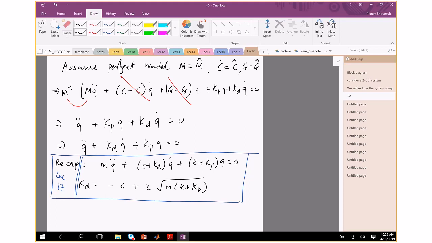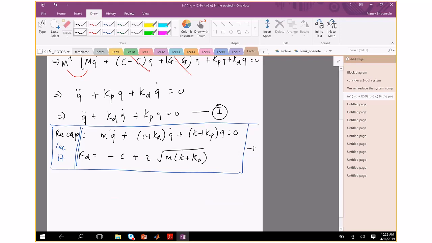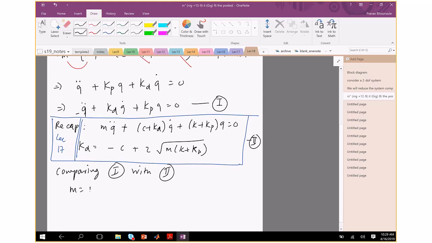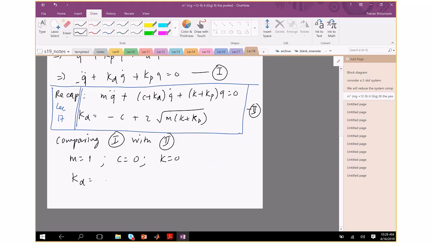So comparing one with 2, we see that the mass for this one is 1, C is 0, K is 0. So our K_D is simply minus C, which is 0, plus 2 square root of mass, which is 1, times K, which is 0, plus K_P, which is K_P.